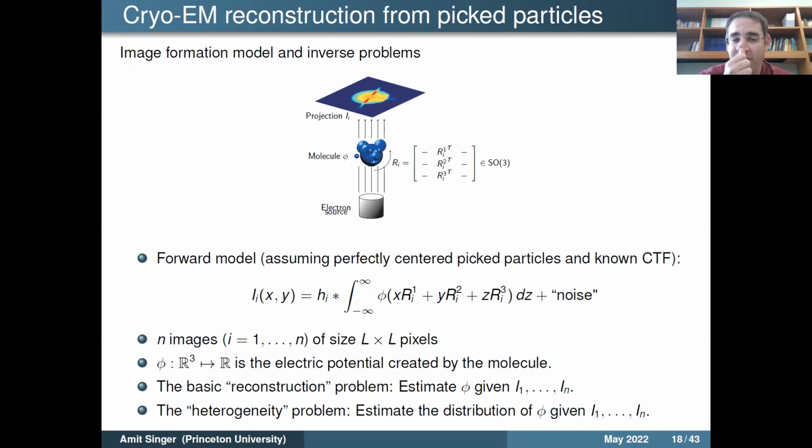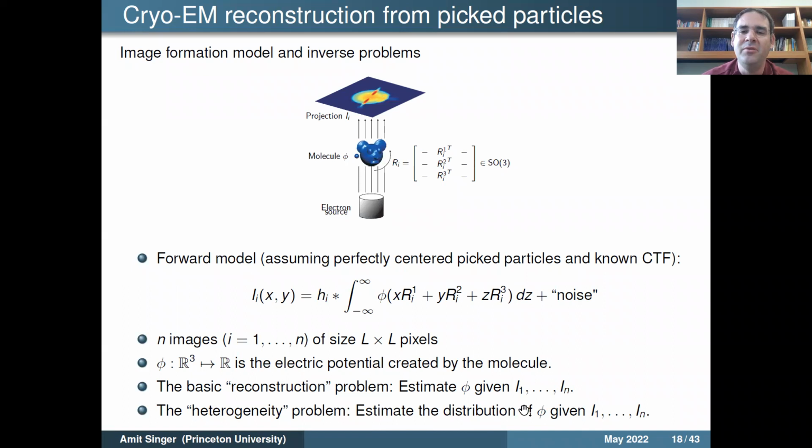And the heterogeneity problem that I mentioned before is not just to reconstruct a single phi, but actually to estimate the entire distribution of possible phis in the data, given the images. It's probably going to be impossible to reconstruct n individual structures, phi 1 to phi n, because going from n 2D images to n 3D structures would be ill-posed.